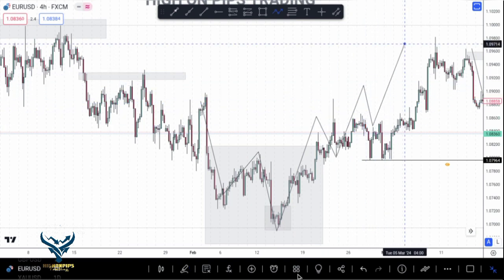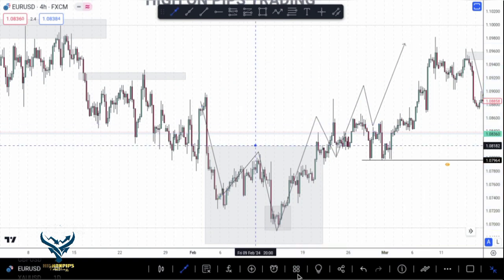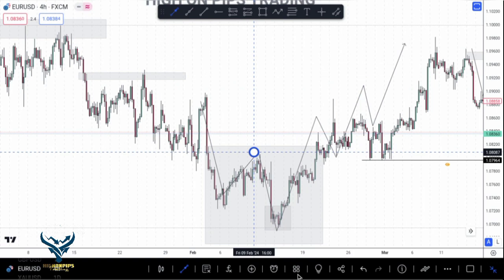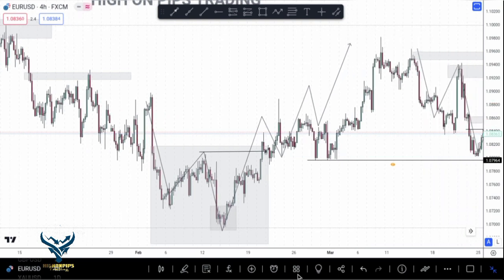You see that? They broke this high over here. This high was broken over here. So now it signifies a change in the market structure. I hope this is clear, guys.